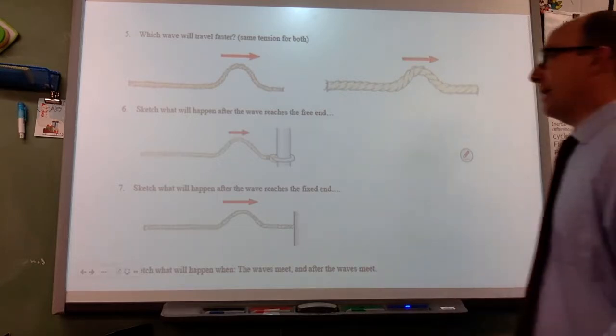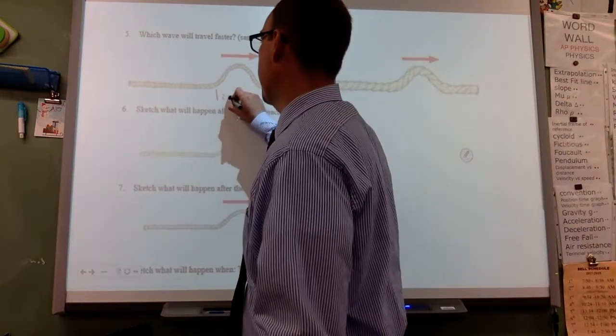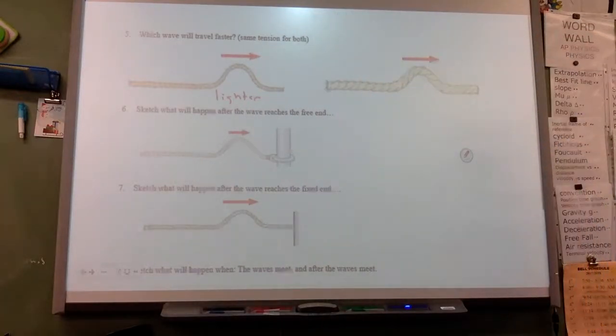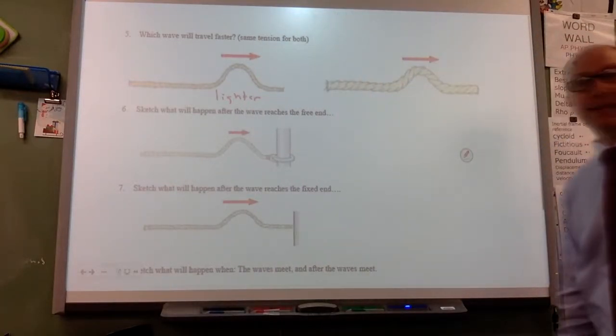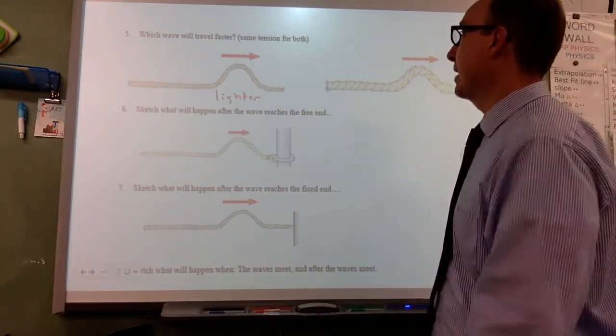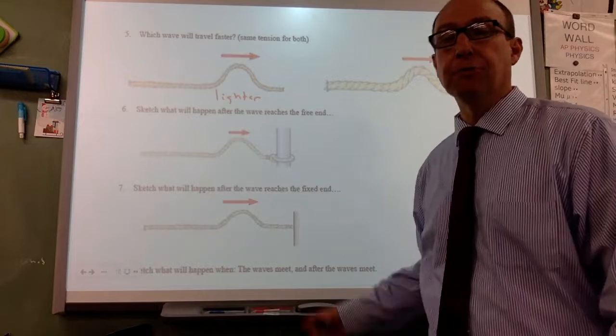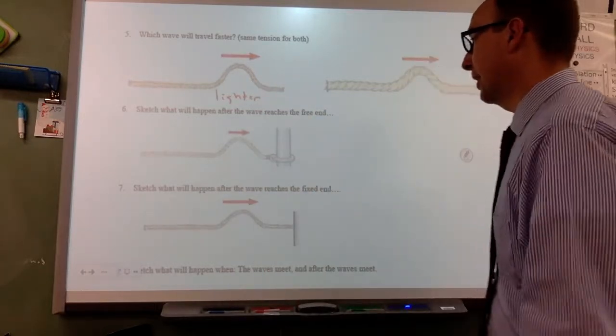All right, the wave is going to travel faster in a lighter one. A lighter one would be a looser medium, right? So if they have the same tension, it's going to be easier to move molecule to molecule in light ones.